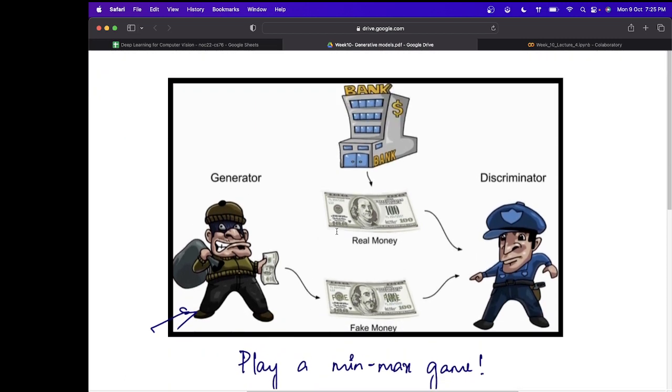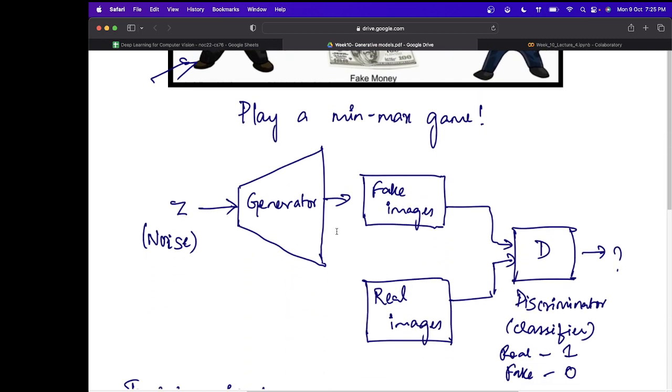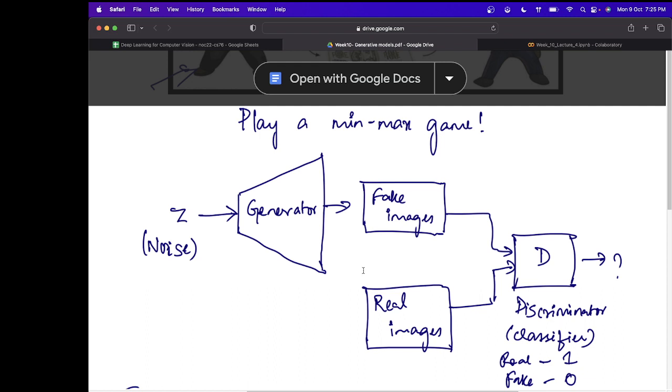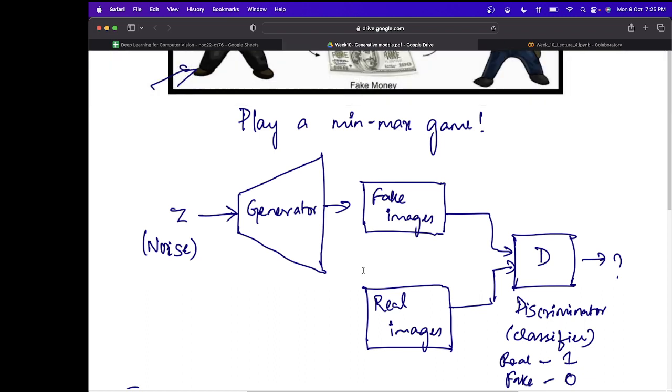So you imagine it this way. If we come here now, what do I want as a function of the generative model? That it should generate new images for me, right? Now, like I said, without access to the true data distribution, it is not at all trivial to generate new data, right?